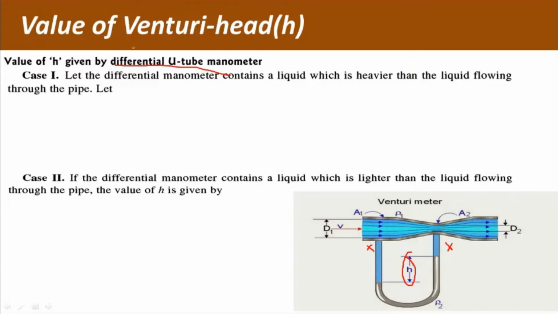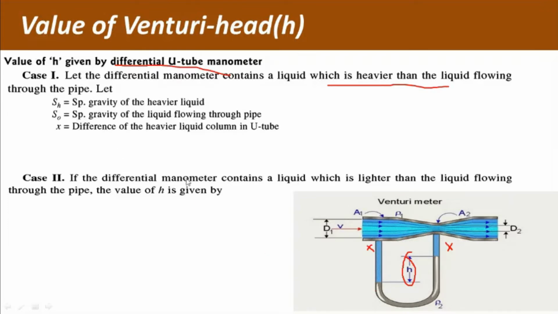So consider a differential manometer as shown in the figure, using a heavier fluid, for example mercury. Then let Sh be the specific gravity of the heavier fluid, suppose mercury, and So the specific gravity of the fluid which is flowing through the pipe, for example water.